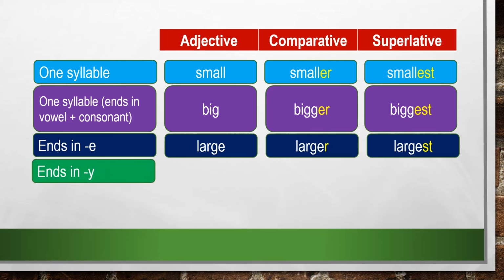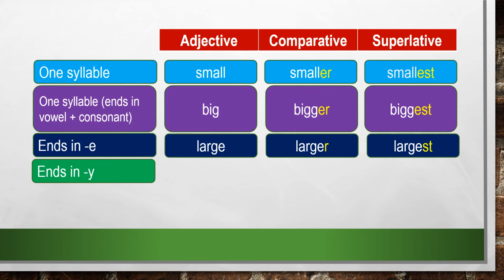For two-syllable adjectives ending in the letter Y, we drop the Y and add IER and IEST. Untuk adjektif yang ada dua suku kata, hujungnya huruf Y, kita kena buang huruf Y tu dan tambah IER untuk membentuk comparative dan IEST untuk membentuk superlative.